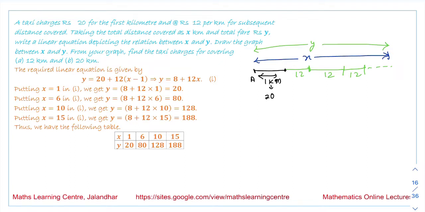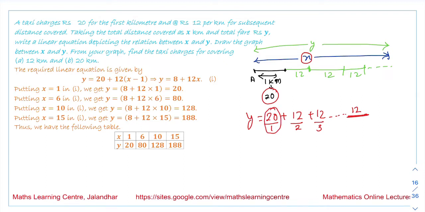So suppose the total distance is x. How are we going to calculate the fare? The total fare is y. For the first kilometer it is 20. For the next kilometer it is 12, for the next it is 12. We have moved x kilometers. This is the first kilometer, then this is second, this is third, and so on up to x.